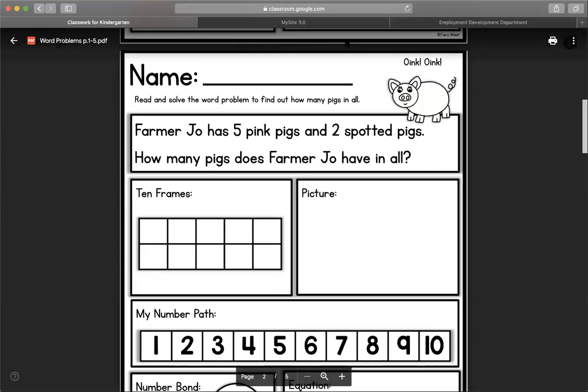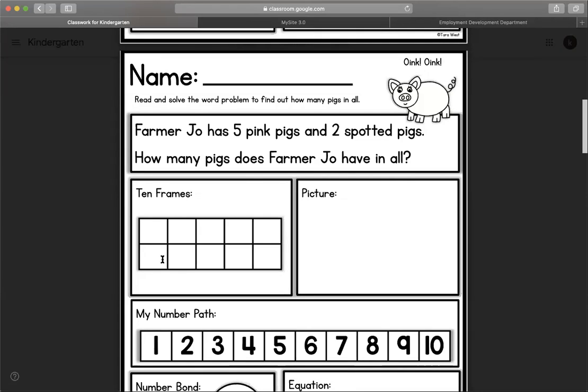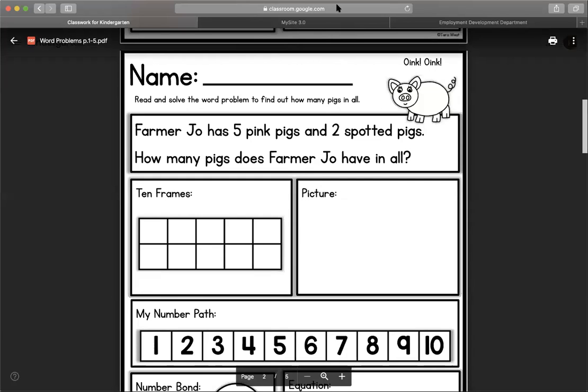Right. So I want you guys to utilize your 10 frame. So I want you to first use your 10 frame and show us how you would mark 5 pink pigs and 2 spotted pigs. So in the boxes, spots can be whatever color you want.